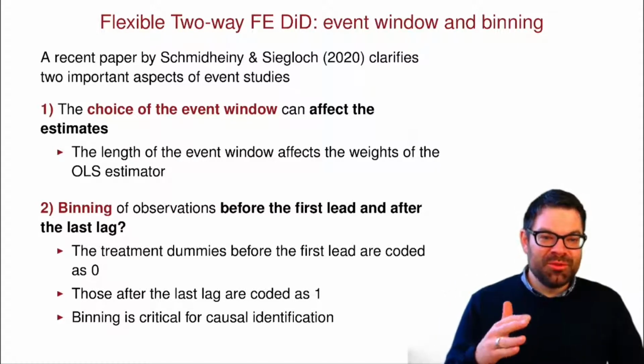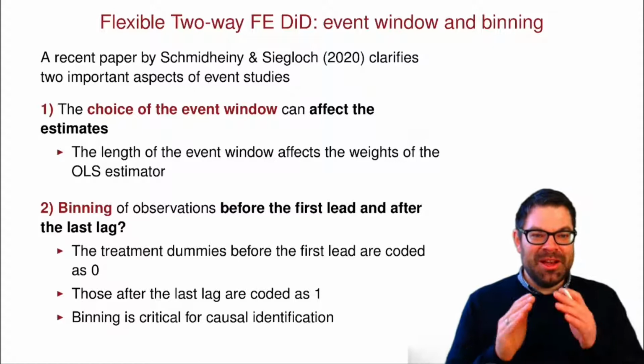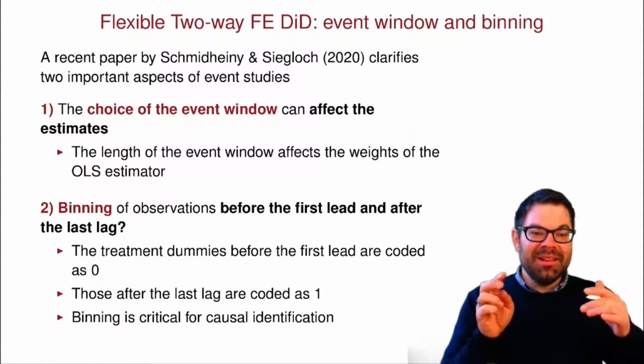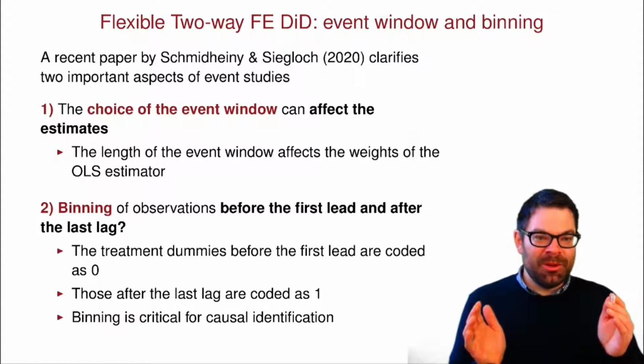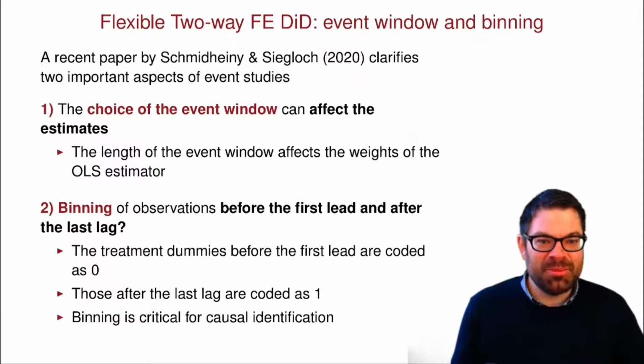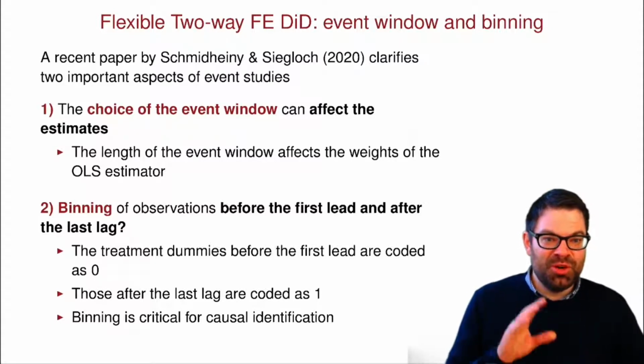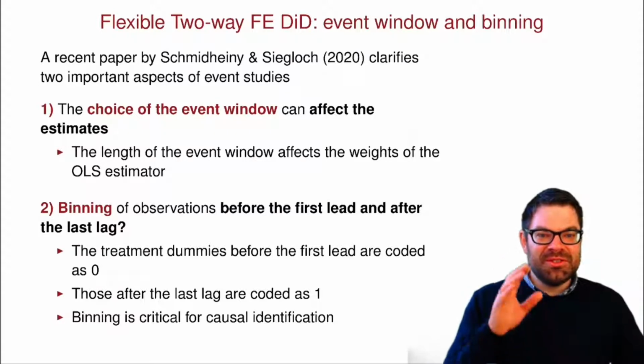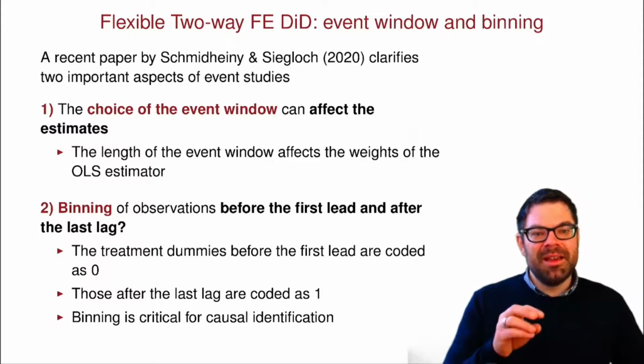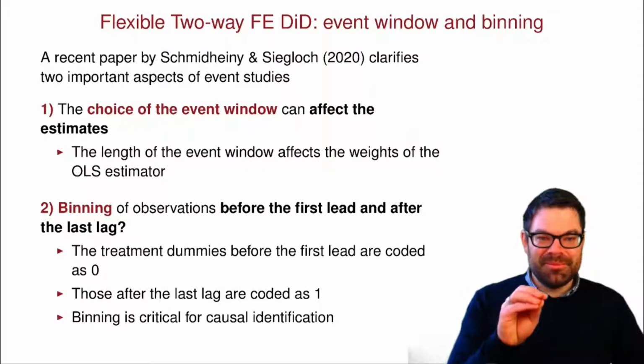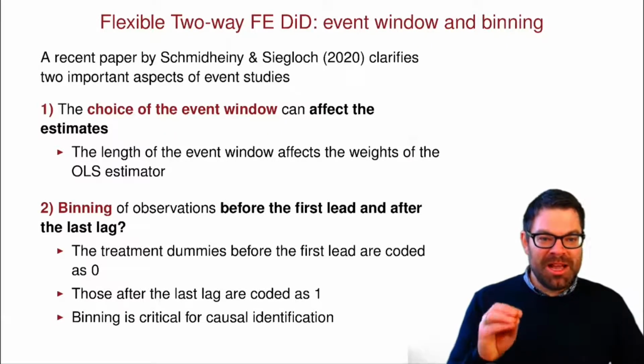And if you want to estimate a model where you have staggered adoption and you have to choose a time window, I strongly recommend that you read their paper. Because first of all, what they show is that different researchers have very different practices, and there is no common set of guidelines for how to do an event study.